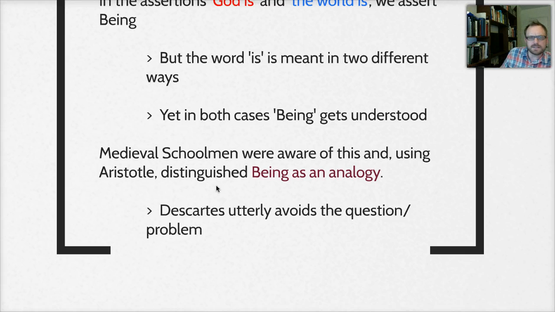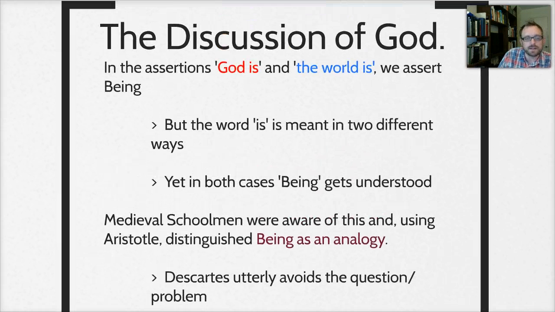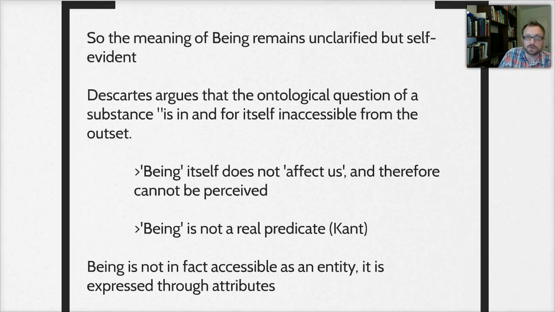But notice Descartes just avoids the question, or if he doesn't avoid it, he doesn't know about it, or he doesn't ask it. Or I think he probably does know all of this, but he's just not talking about it because he wants to be pithy, and he is. But he ultimately sort of avoids this whole question, which really problematizes things, especially when you look, for instance, at the ontological argument. Okay, so the meaning of being remains unclarified but self-evident.